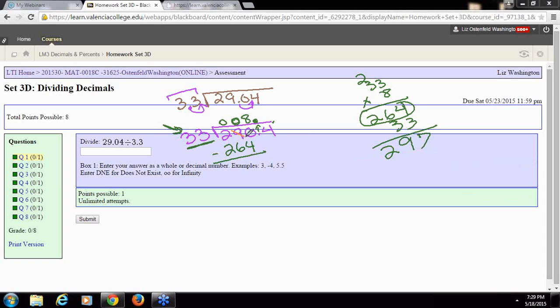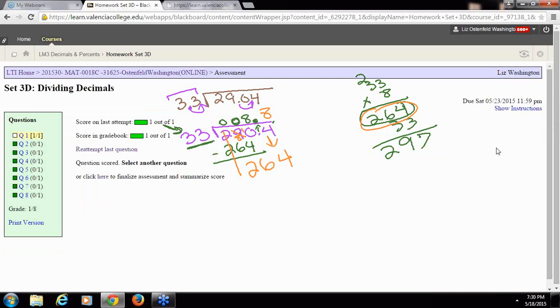So I'm going to borrow from the 9. That becomes an 8. It becomes a 10. 10 minus 4 is 6. 8 minus 6 is 2. And obviously that cancels. So I'm going to bring down the last number, which is 4. And how many times is 33 going into 264? 8 times. So my final answer is going to be 8.8, which I'm going to go ahead and type in for you guys. There we go. Any questions about that?